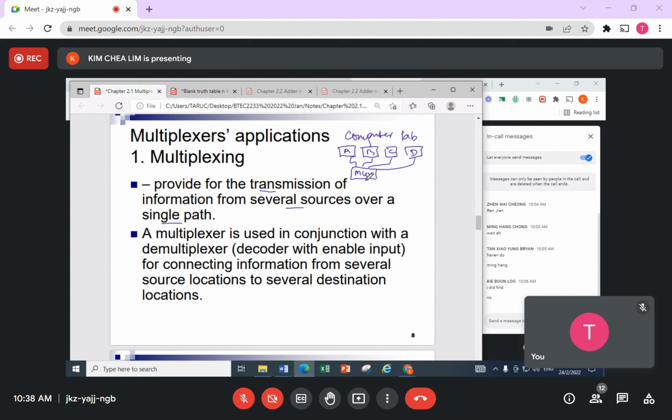This multiplexer's output is only one, a 4-to-1 multiplexer for example, and it is going to be connected to a printer. Because in most cases we do a lot of processing in the computer, and eventually we send it for printing, and printing can be very fast. So there's no need to have one computer connect to one printer.